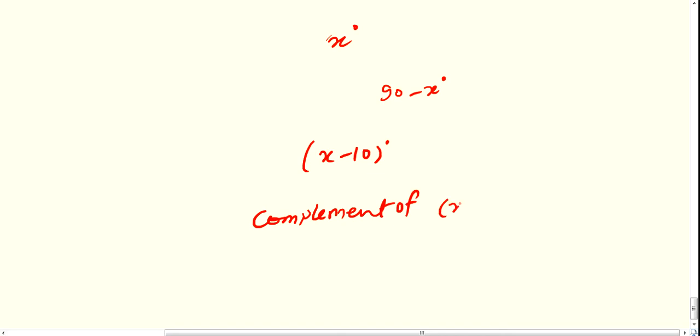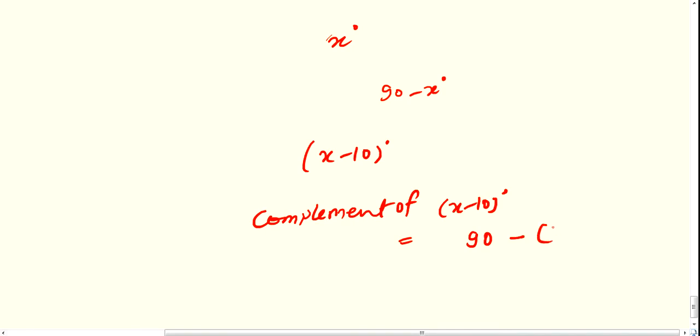One more question, x degree. So simply complement of x degree equals to 90 minus x degree, because you don't know what is the value of x here, so you can write only 90 minus x. Then next is find the complement of x minus 10 degree. So you will write complement of x minus 10 degree equals to, first we have to write 90 minus.